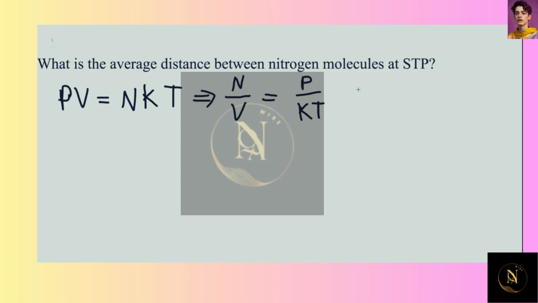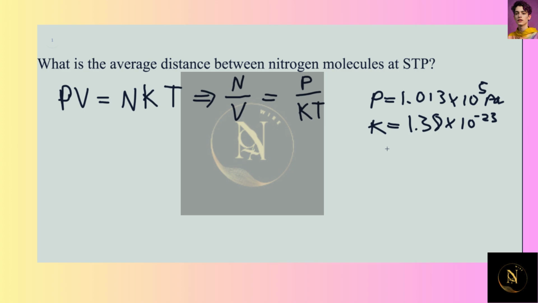So we take standard temperature pressure. So standard pressure, P is equal to 1.013 times 10 to the 5 pascals. Boltzmann gas constant is equal to 1.38 times 10 to the minus 23.